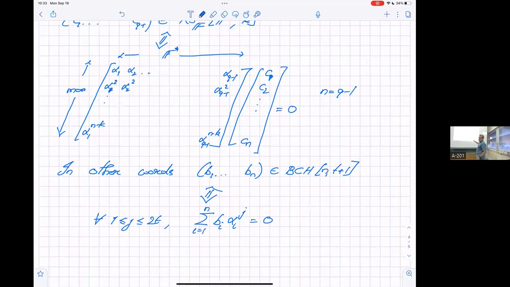That's the linear constraint. Now, how many such constraints are there? What's the number of constraints? It's 2t constraints. One way to think of it is there are 2t constraints. Each constraint will reduce the dimension by 1.